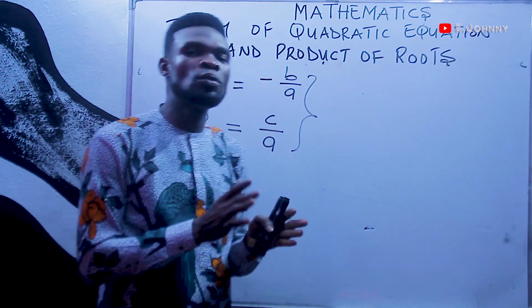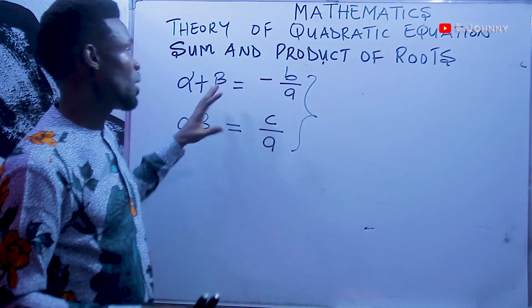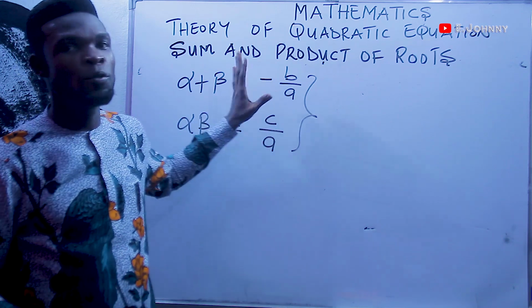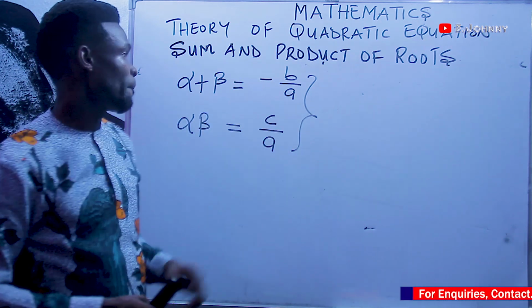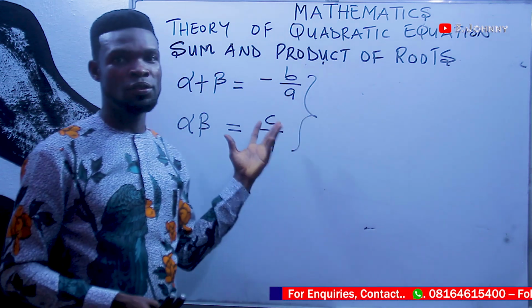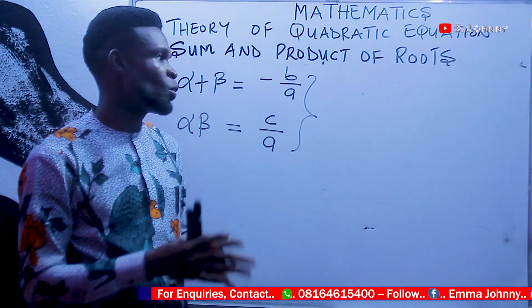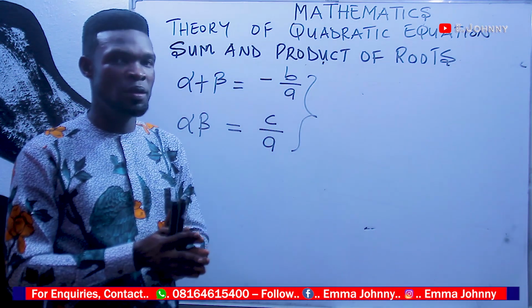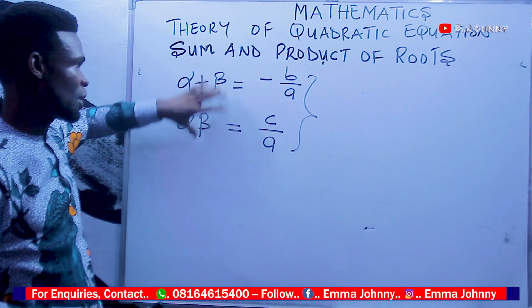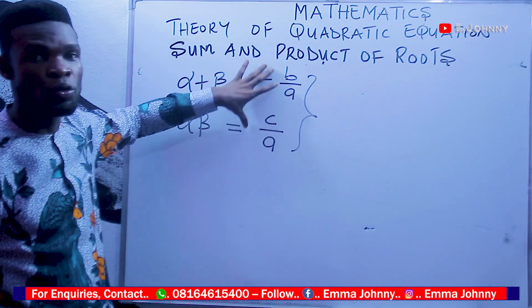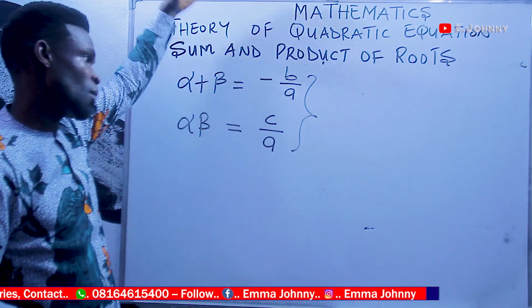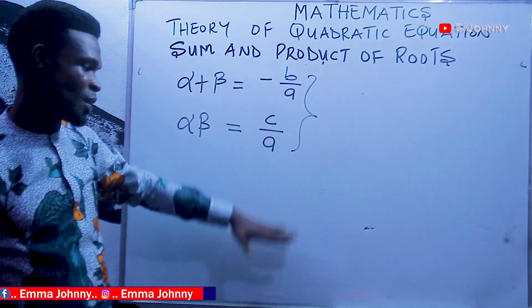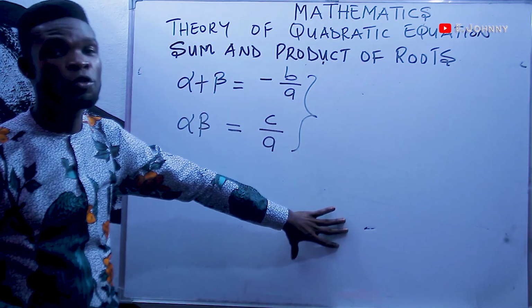Okay, I've seen some university past questions. They ask them to derive these things. But I want to show us another shorter way of still deriving this sum and product formula without going through the rigorous process.